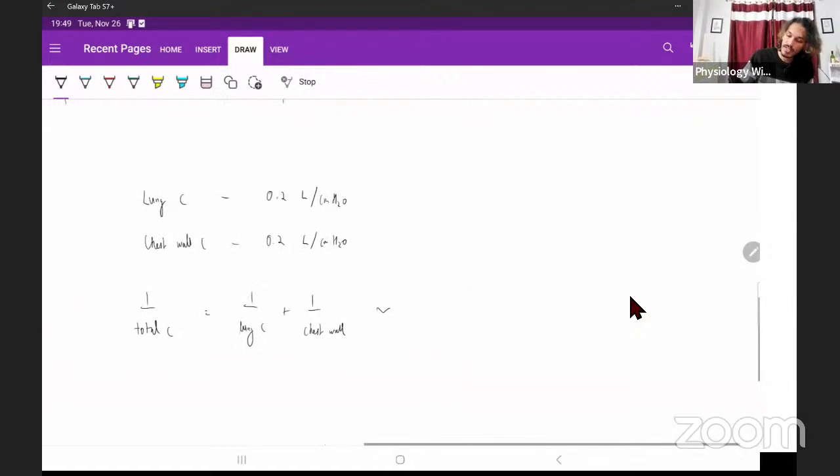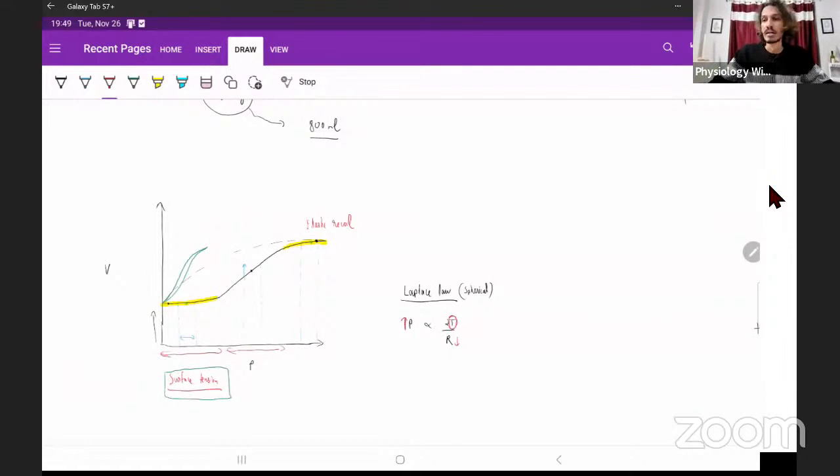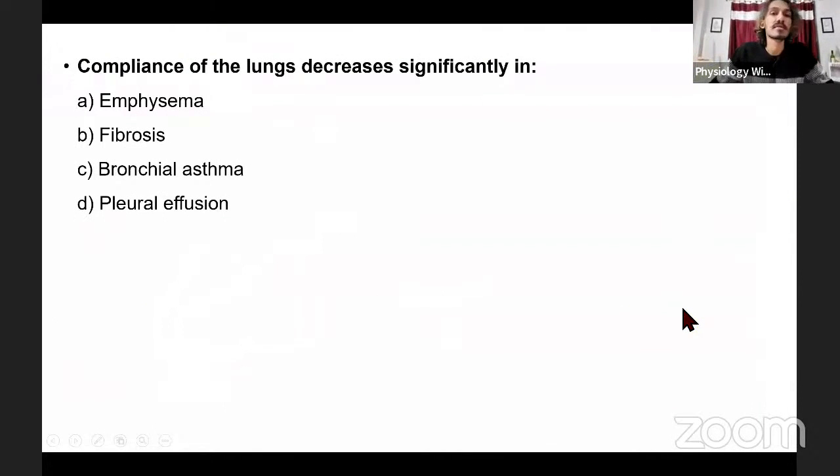Hence, it is going to be 0.1 liter per centimeter of water. Just some values for you to remember in case it comes to MCQs or some sort of calculations. Okay. Now that we understood this, compliance of lungs decreases significantly in.